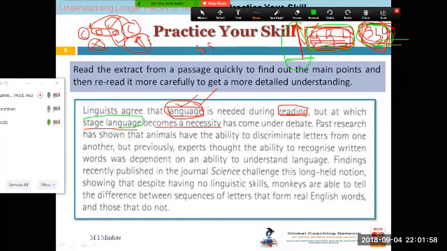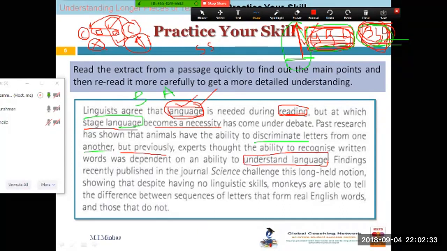Yes, sir. Okay. Now, past research has shown that animals have the ability to discriminate letters from one another. Like in previous researches, they could differentiate, okay, this is B and this is A. So this was the first study. But previously, experts thought that the ability to recognize written words was dependent on an ability to understand language.